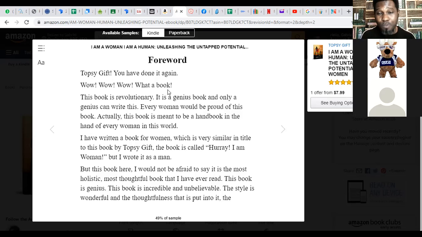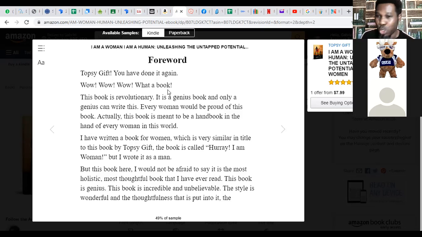That is the foreword. So a foreword is a testimony or a validation of your book by somebody who is popular, who is successful, somebody famous, or somebody who has written a book concerning the same subject that you're going to write about. That is the foreword.